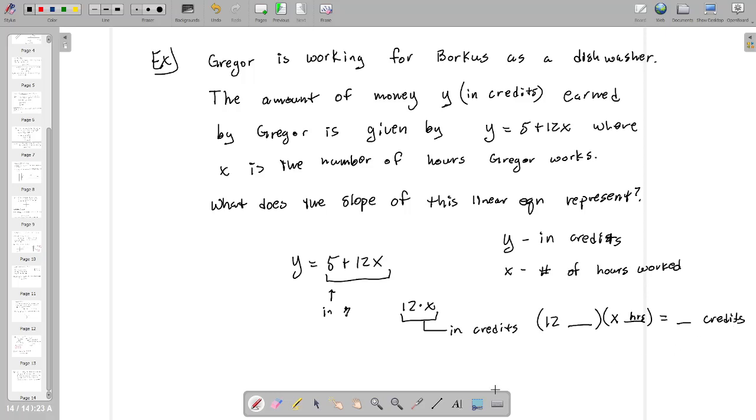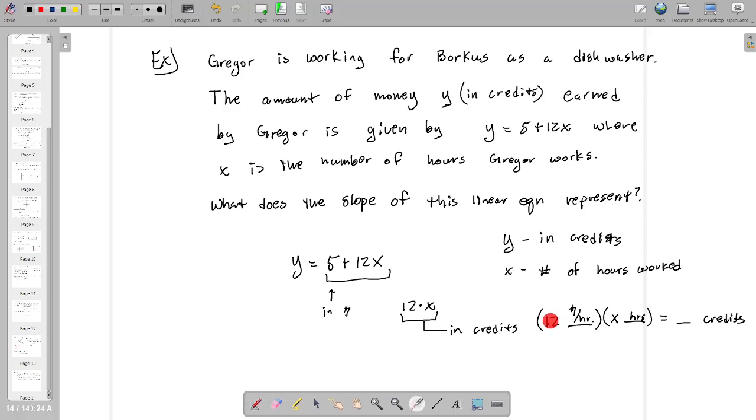Now, with the multiplication of 12 times x, we must also multiply the units on 12 times the units on x to get credits. So what times hours would give me credits? That's going to be credits divided by hours, or credits per hour.